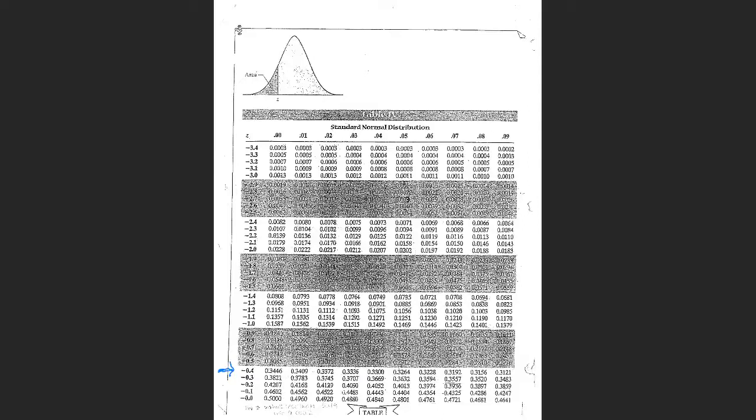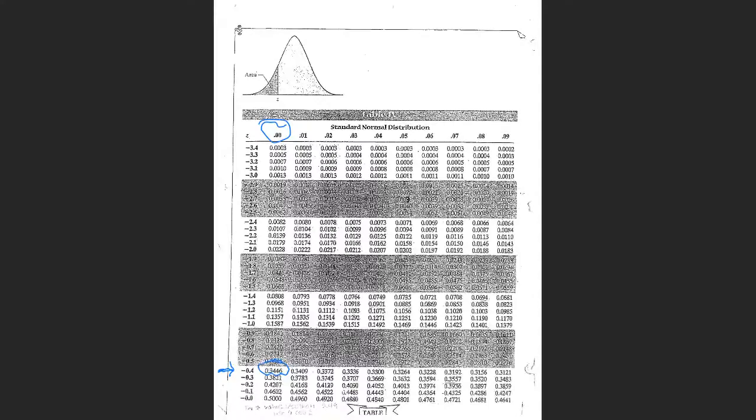So this right here is the area to the left of a z-score of negative 0.40. I like to always show in red. I like to draw an arrow. So that is 0.3446.